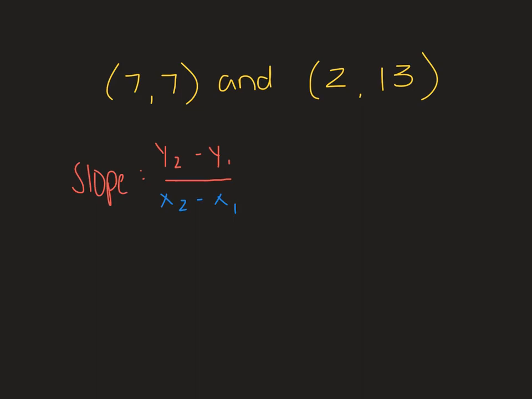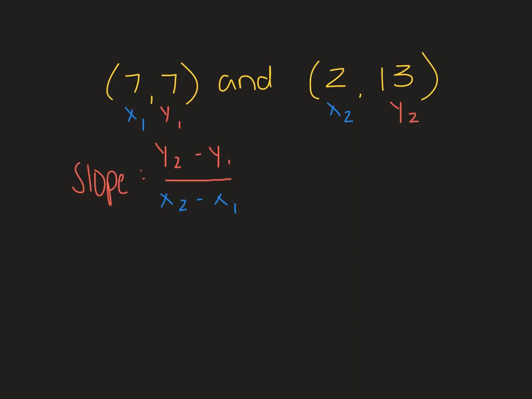So to use this formula, what you want to do is label your original points. So I'll label this one x1 and y1 because this was the first point. And then over here, this one would be x2 and this would be y2.